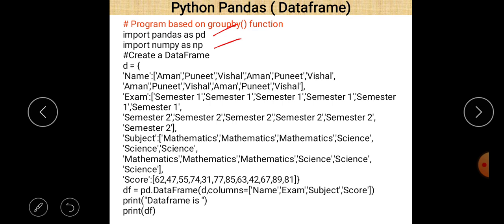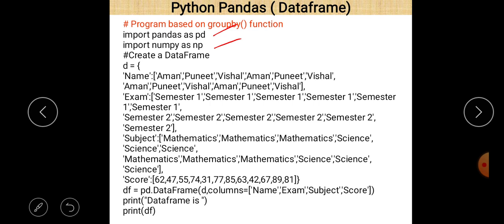Then numpy is another library which we require here because we want to calculate mean and these types of functions, which are defined in the NumPy library. np is the alternative name given to the NumPy library.